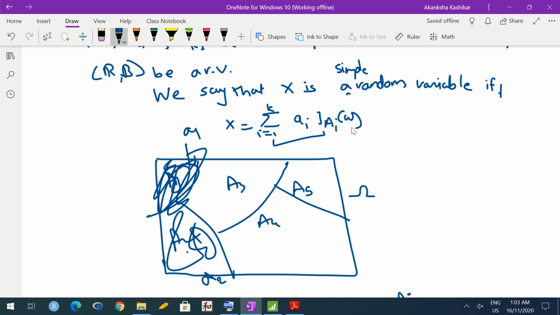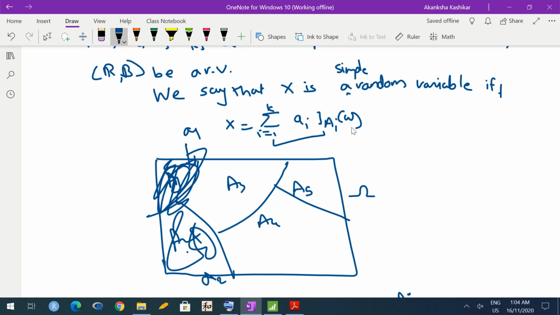The same story we can check for other A_i's. So basically capital A_i is defined as the collection of all those omegas for which the X value is small a_i. So if the number of possible values of a random variable is finite, then we say that X is a simple random variable. Clear to everyone what is meant by a simple random variable?